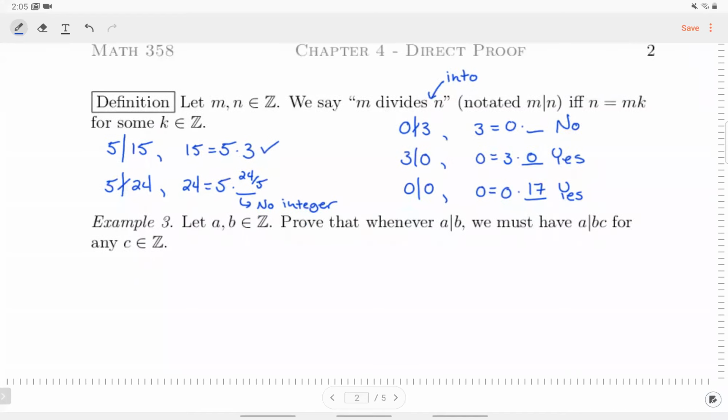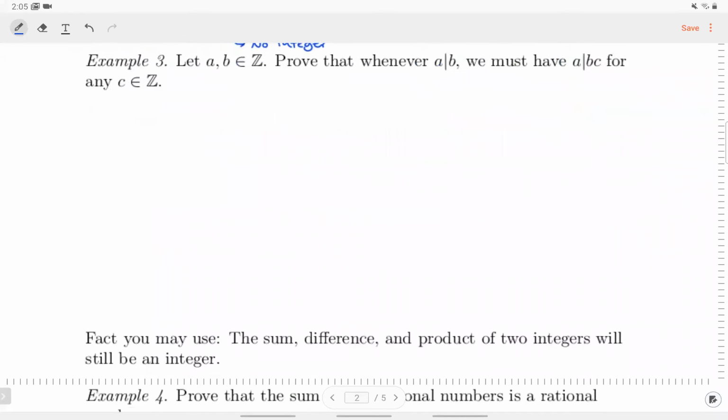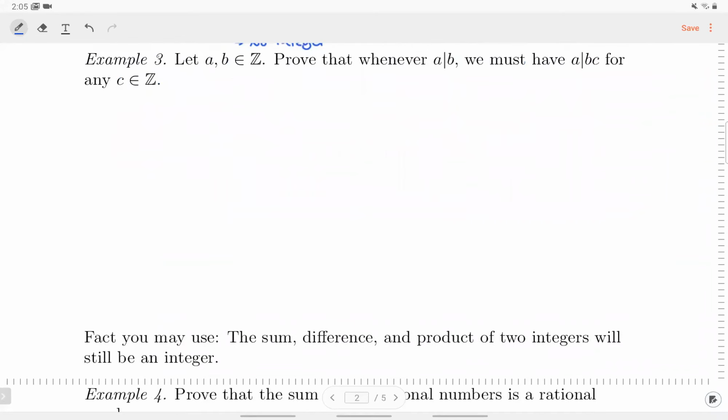Okay, so let's look at a proof. We want to prove that whenever A divides B, so that's my if, so that's my assume, we must have A divides BC for any C. That is my show.